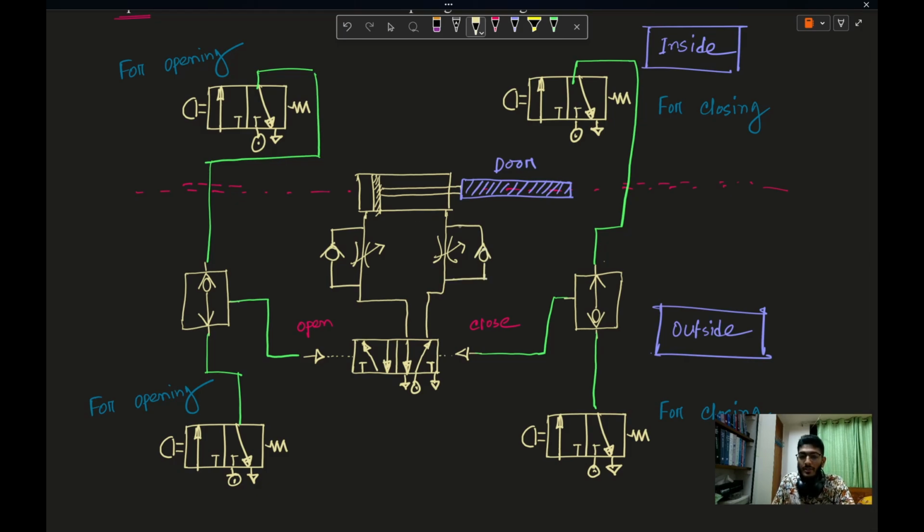Fluid won't get restricted when exiting the cylinder. But if fluid goes through this side, it will get restricted. But when exiting, it won't be restricted. So this is called the meter in circuit, when I am restricting the inflow into the cylinder. Let's simulate this circuit.